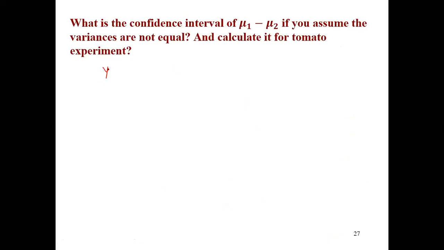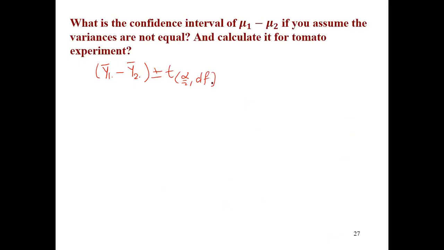It will be y bar 1 dot minus y bar 2 dot, the same thing as before, plus or minus t alpha over 2 and degree of freedom times square root, there is no Sp, square root of S1 squared divided by N1 plus S2 squared divided by N2. And I have all these numbers, but t will be different this time because the degree of freedom is different.